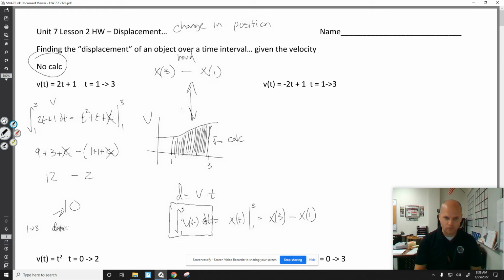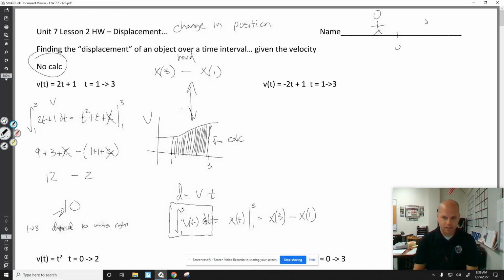So my dude has moved. And remember, all we have is, I'll use this as the number line, a dude on a number line over the course of 2 seconds. You don't say that he's only moved to the right 10.